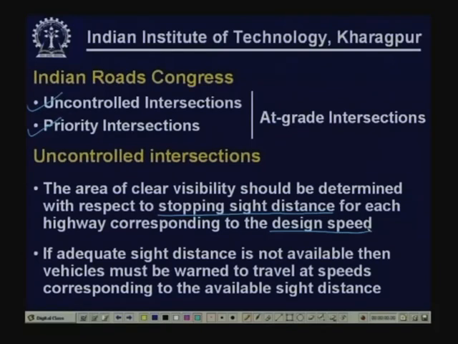Now, if adequate sight distance is not available, then vehicles must be warned to travel at speeds corresponding to the available sight distance.